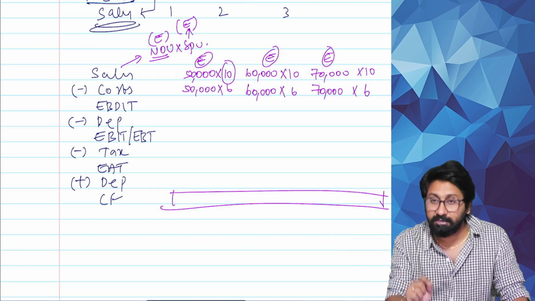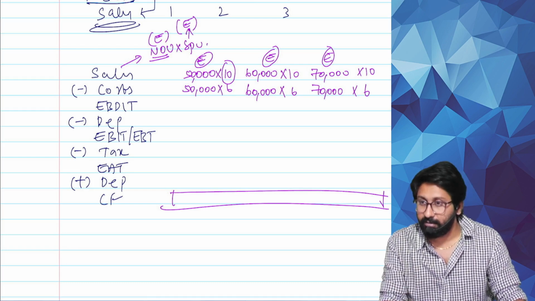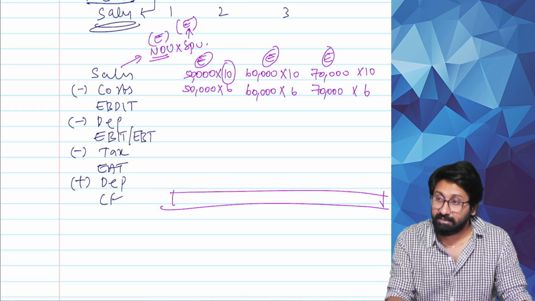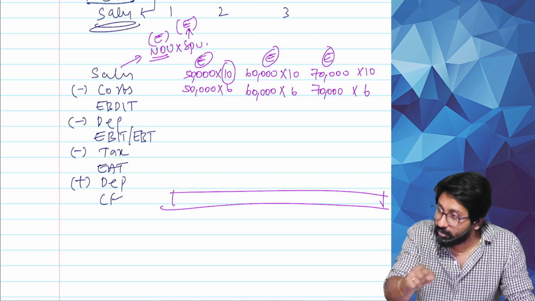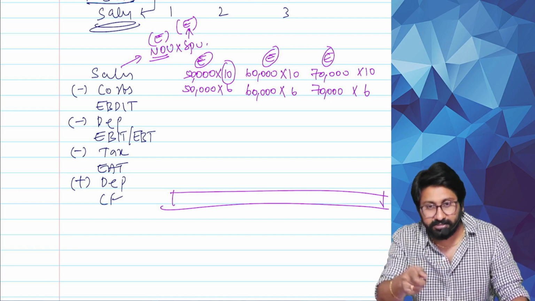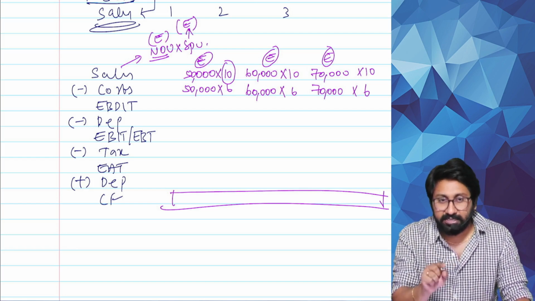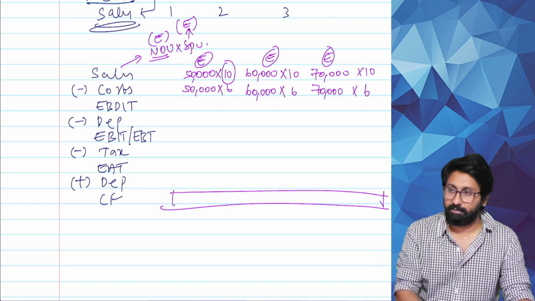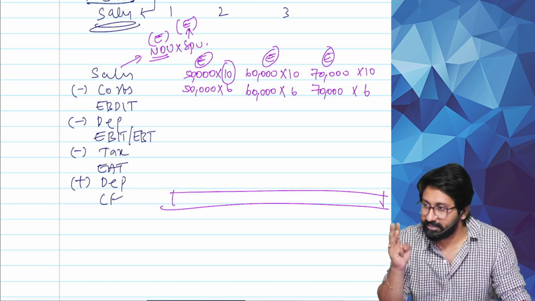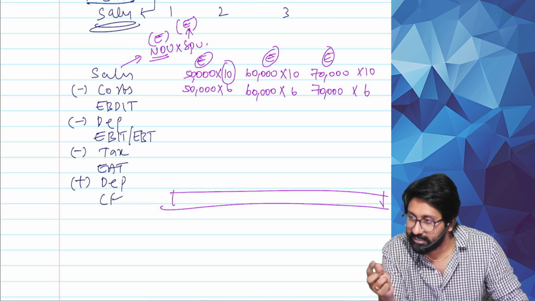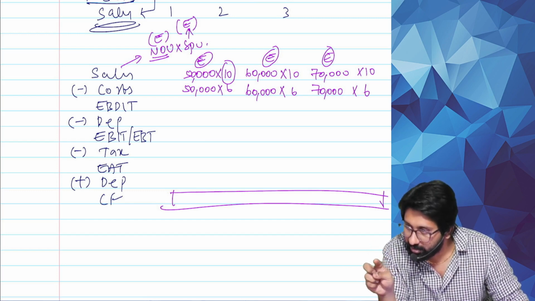Second year, 60,000 may be sold. 60,000 may not be sold. What is the risk in third year? 70,000 may be sold. 70,000 may not be sold.